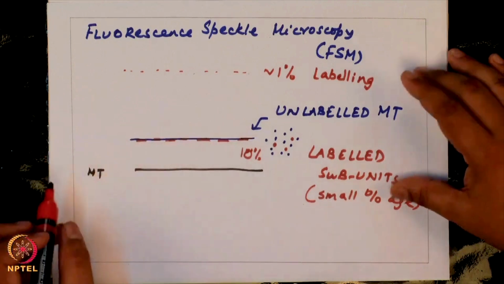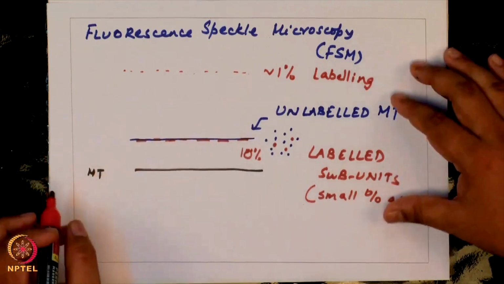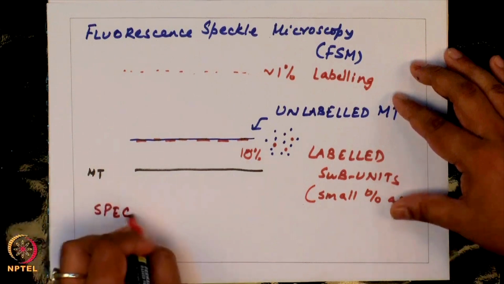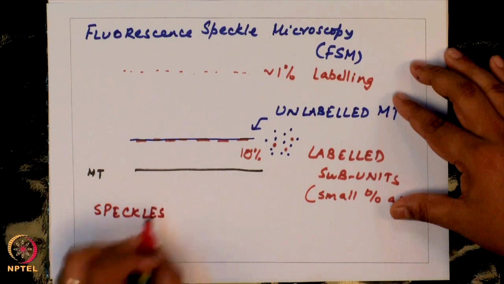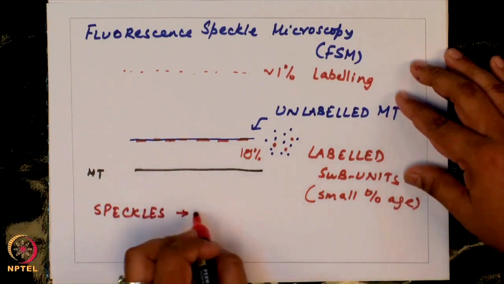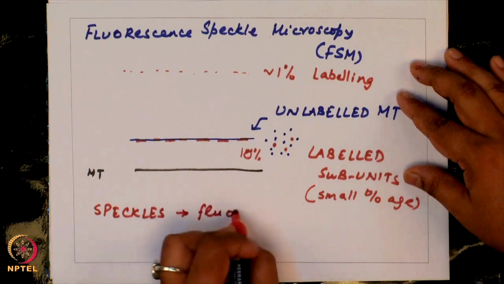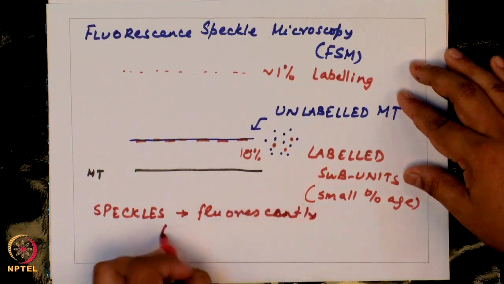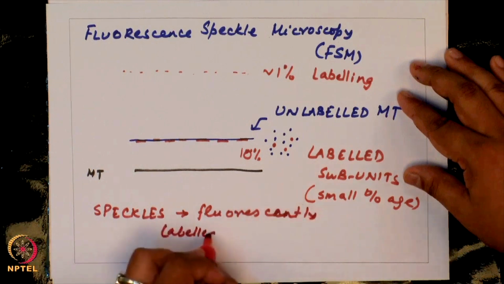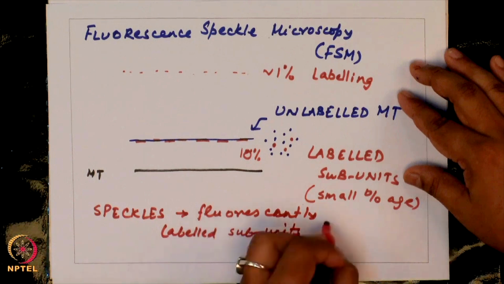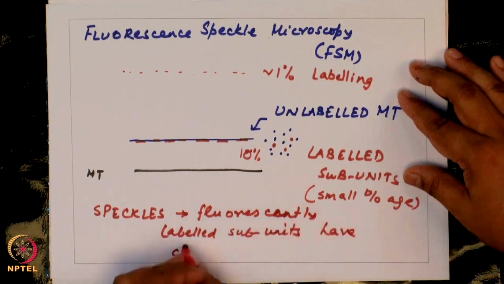Now, what do these dots represent? These dots are called speckles, where fluorescently labeled subunits have clustered together.